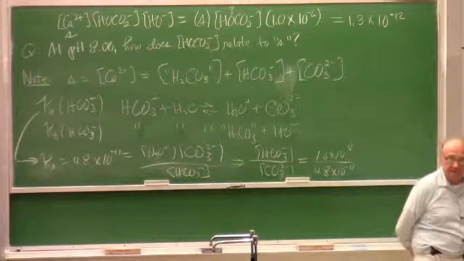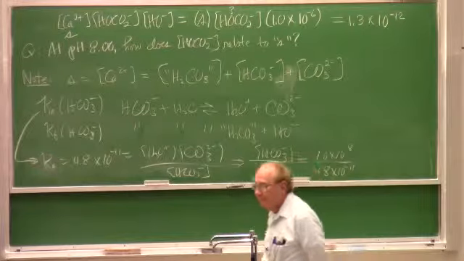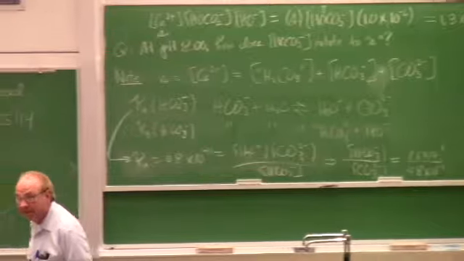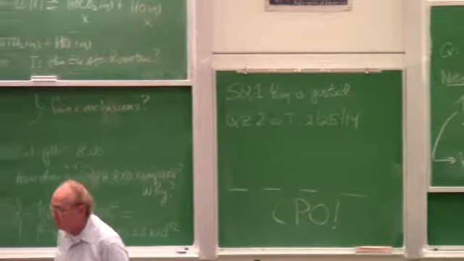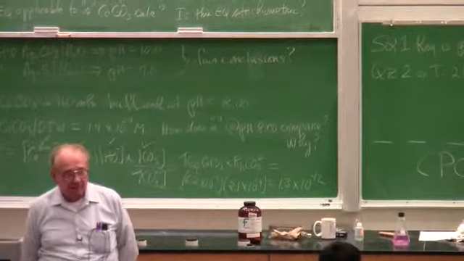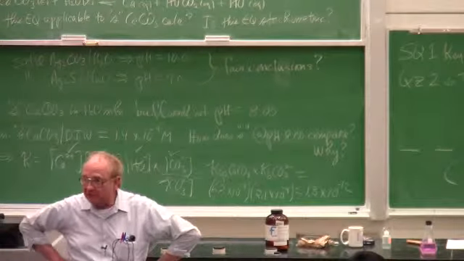Do you accept this? Or are you mystified by this, and you're saying, where the hell did he get that? Isn't the system buffered at pH 8? That means hydronium ion molarity, to 2 sig figs, is 1.0 times 10 to the minus 8.